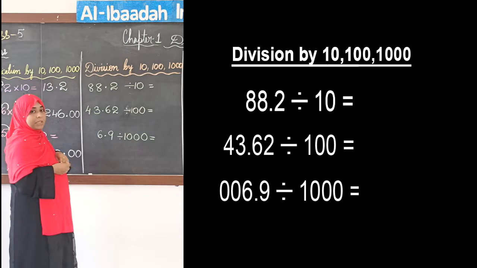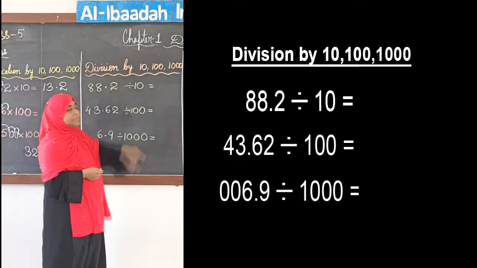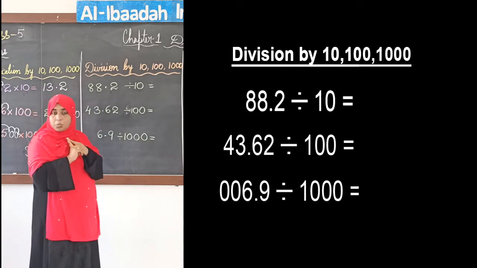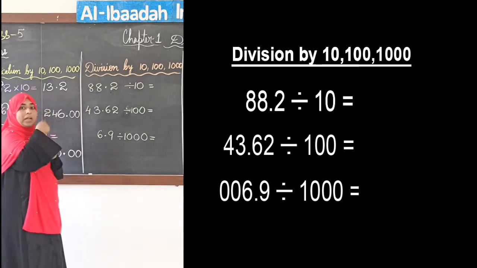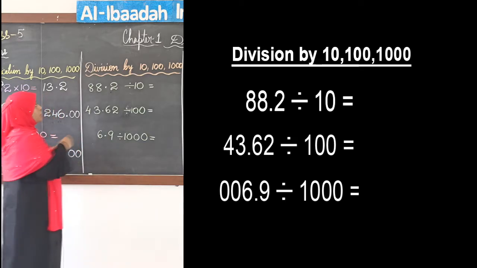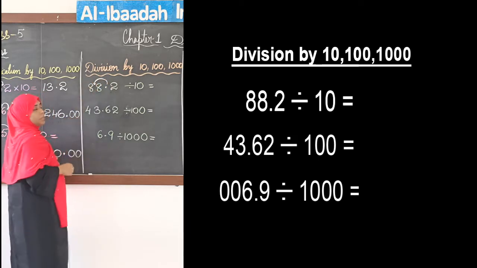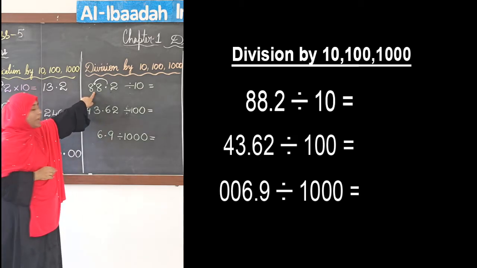The first example that we have is 88.2 divided by 10. Now, there is 10 which has just one 0 in it. So, we have to shift the decimal point 1 place towards the left. The decimal point from this place will shift backwards towards the left, and it will come between the two 8s that we have.